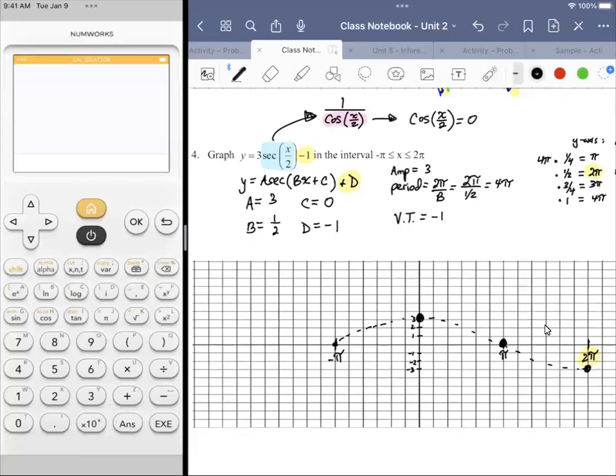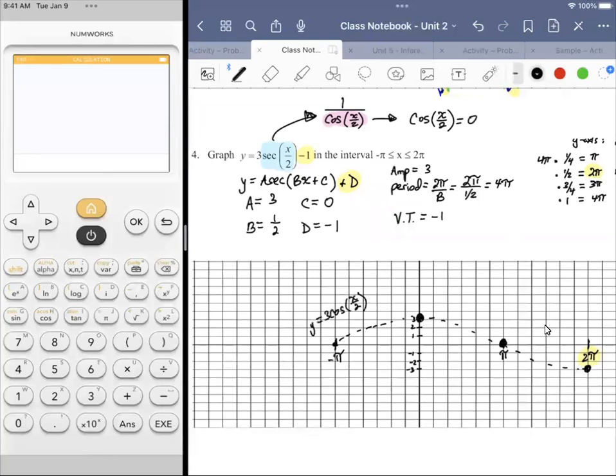Now what we just did, we graphed the cosine function. I'm just re-explaining what I talked about last class, because I know it's been a couple weeks. So what we just graphed, that dashed curve, is y equals 3 cosine x over 2.